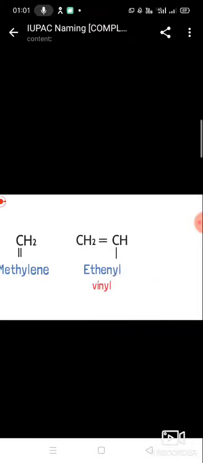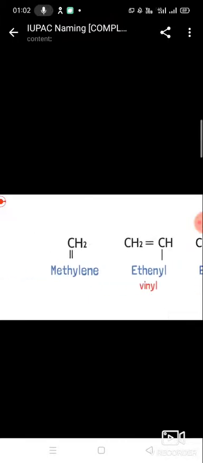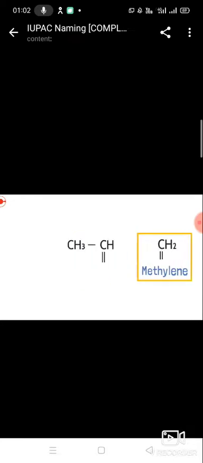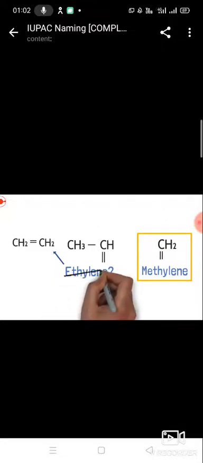If an ethyl group is attached with this, then we'll say ethenyl or vinyl. CH2 double bond CH is attached, ethenyl or vinyl. If a triple bond ethyne is attached, we'll say it is ethynyl. So methylene, ethylene and ethylidene. Instead of ethylene, we can write ethylidene.